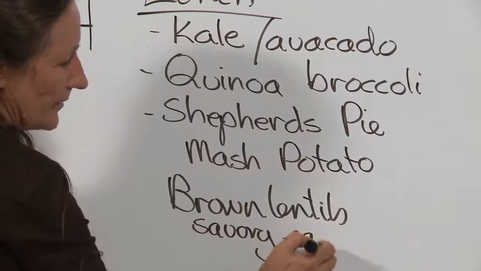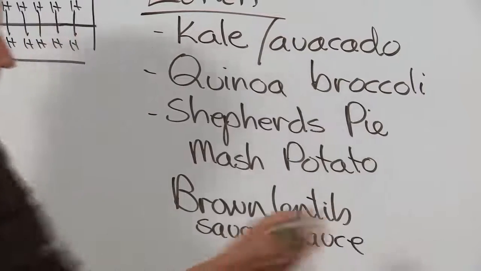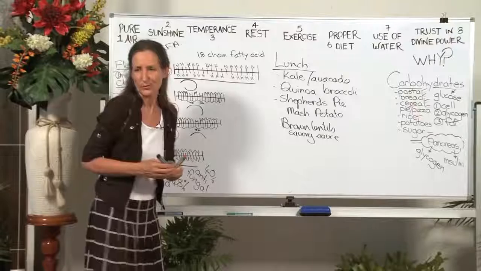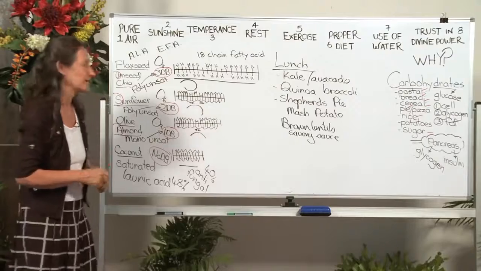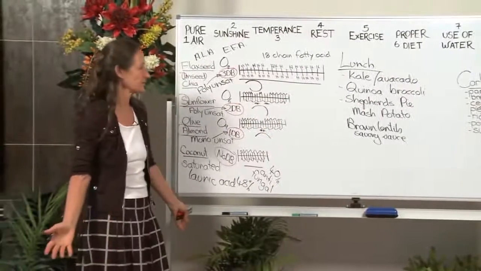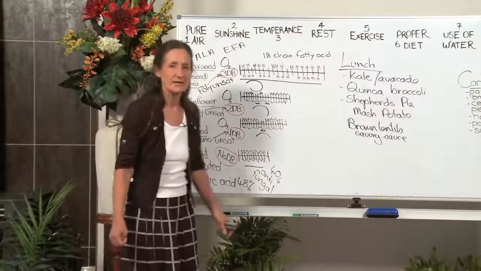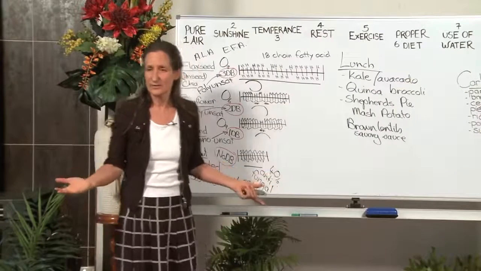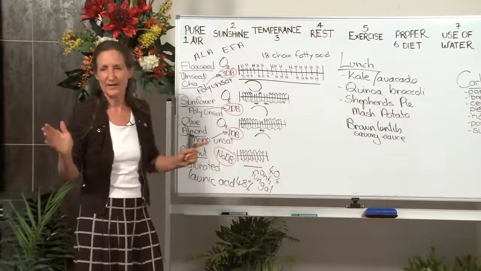If you want to know how to make legumes taste amazing, buy an Indian cookbook, buy a Lebanese or Italian cookbook. They know how to make them taste nice. They know their legumes because for centuries that's what their protein source was. They don't have the land to graze the cattle.